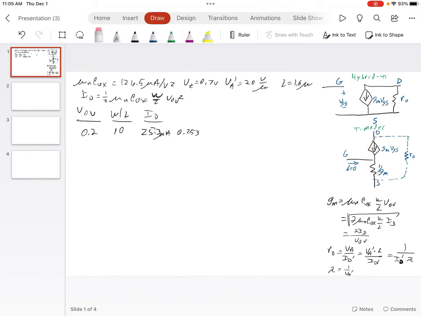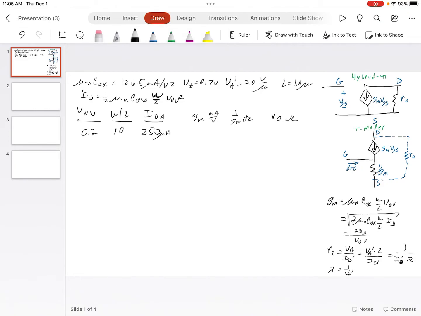All right, let's move these over. Those are amps. We'll go with milliamps per volt. 1 over gm is ohms, and r_o is ohms.